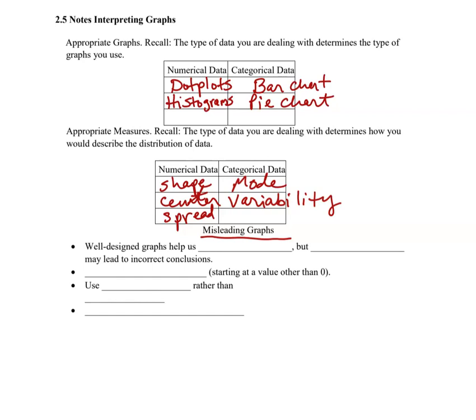Well-designed graphs help us to see patterns and draw appropriate conclusions, but misleading graphs may lead to incorrect conclusions. Unfortunately, we see that a lot in graphics online and infographics in the news. So what are some things that might be misleading?